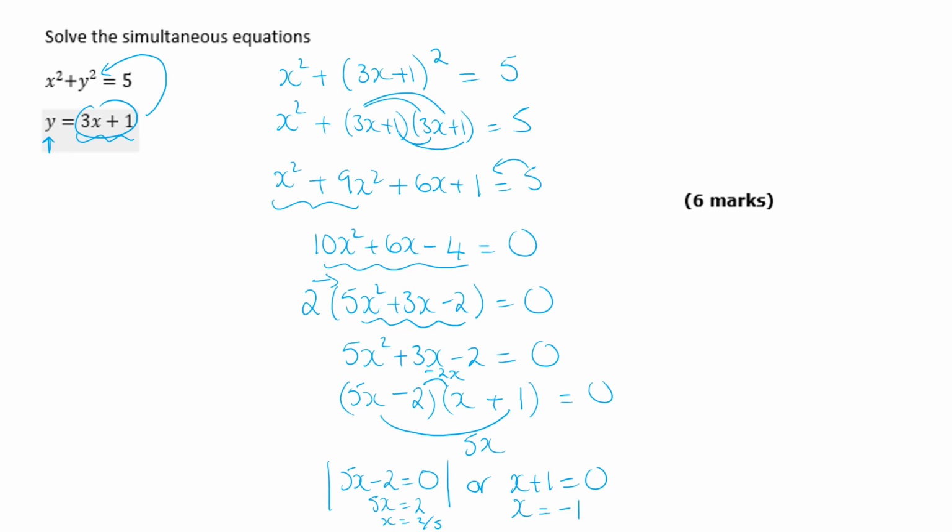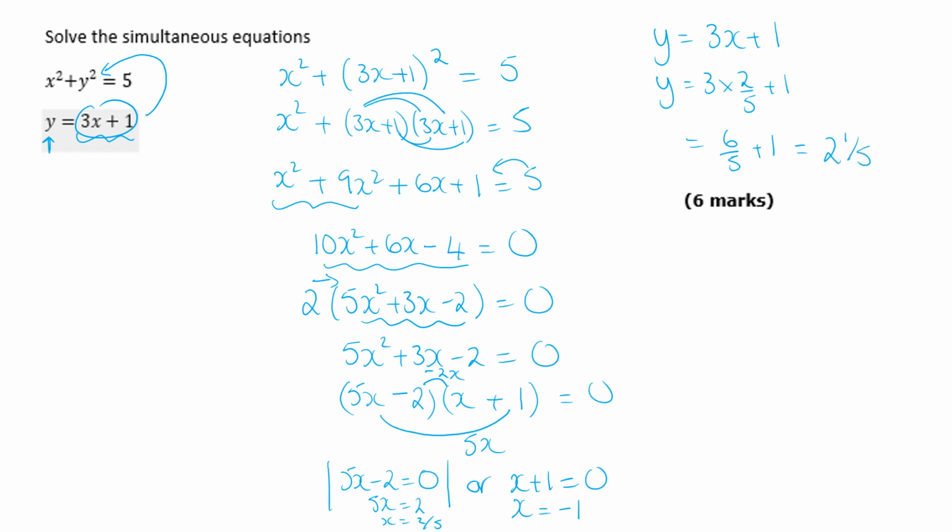Now I need to go back and find what the y coordinates are. So y in the linear equation is 3 times x plus 1. So y is going to be 3 times 2/5 plus 1, which is 6 over 5 plus 1, which is 1 and 1/5 plus a whole 1, so that's 2 and 1/5.